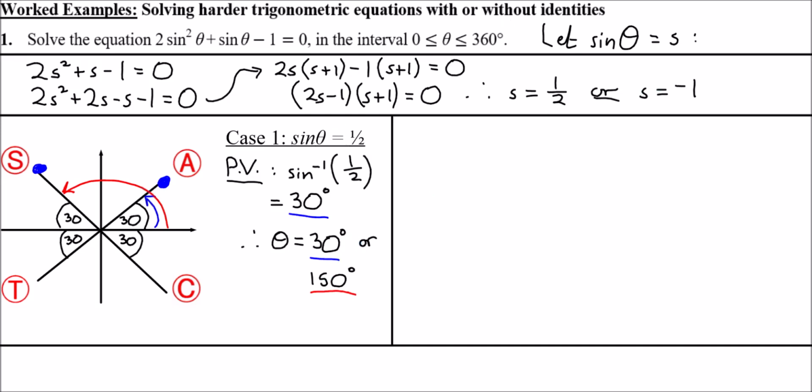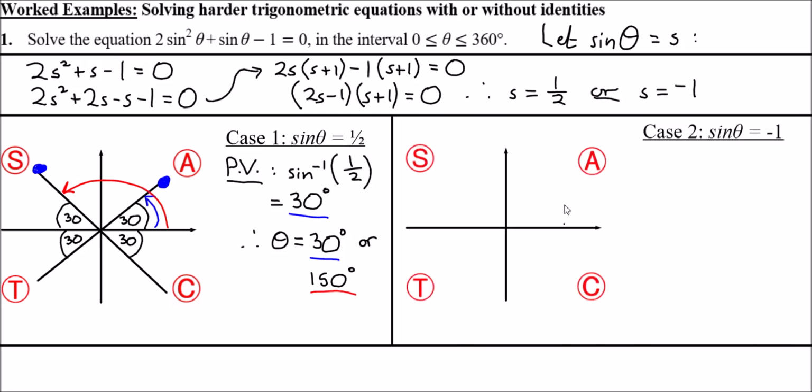The second thing to consider is, what if sine theta wasn't a half? What if sine theta was minus 1? So that's going to give us some more options. So if sine theta were minus 1, whereabouts on this CAST diagram would that be? So let's just work out the principal value again in this case. So the principal value this time is sine minus 1 of negative 1.